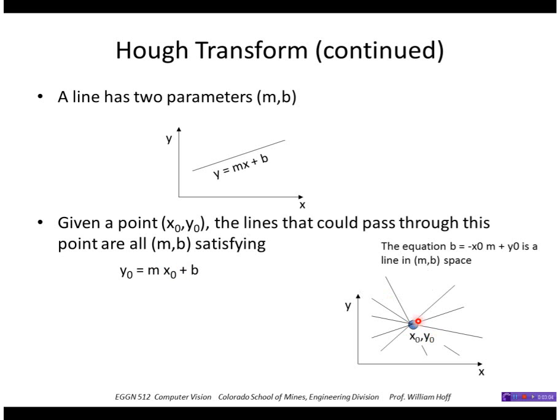That would be this pencil of lines that pass through that point. Or we can rewrite that equation in a different form, saying b equals minus x0 m plus y0. So that's actually a line in the parameter space of m and b, where x0 and y0 are fixed.